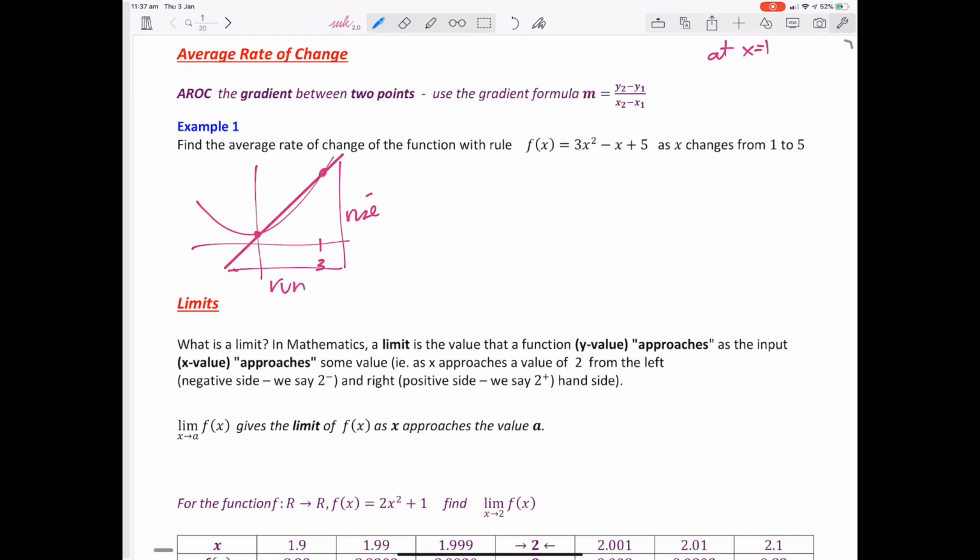However, if I said I want the instantaneous gradient, the gradient at the point x equals 0, then we're just looking for the gradient there, and that gradient would be 0. The average gradient from 0 to 3 is the gradient of that line, whereas the instantaneous gradient is at the point 0.